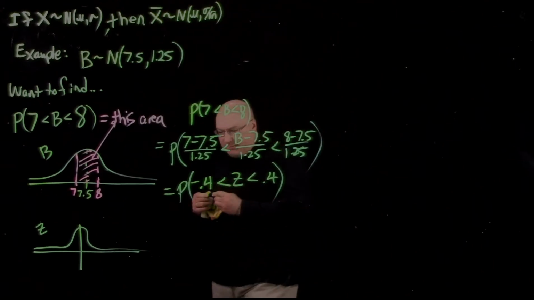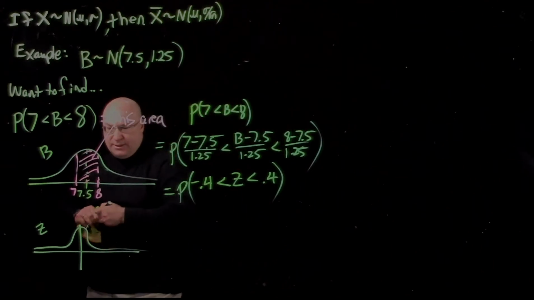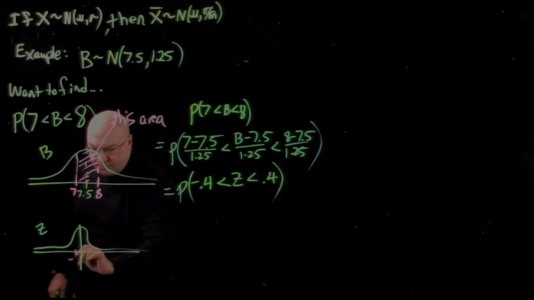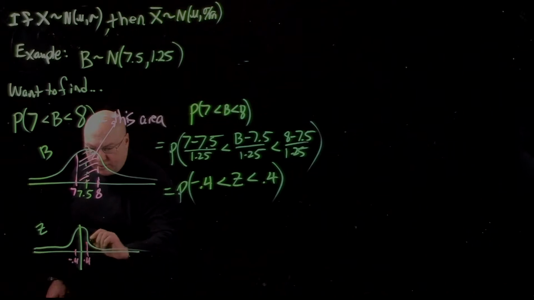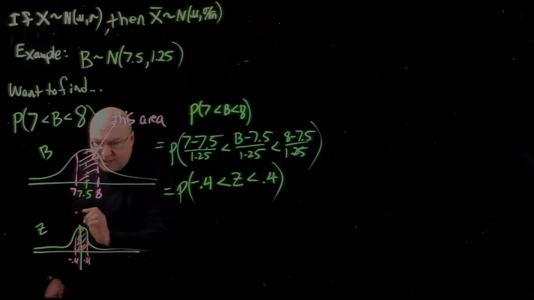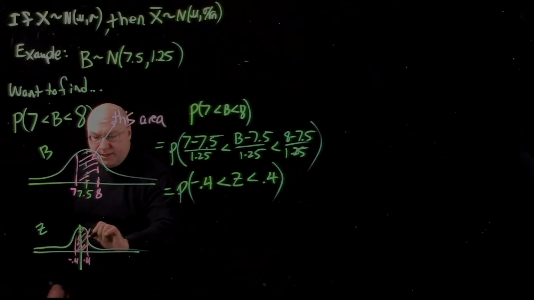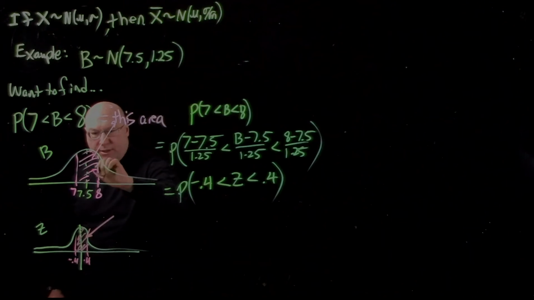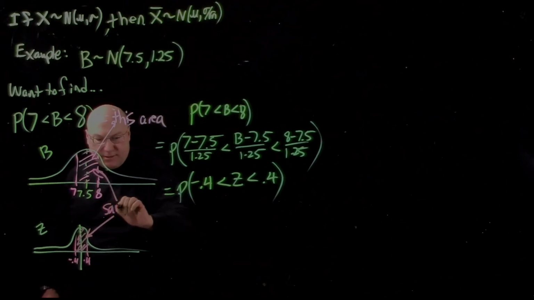So that corresponds to negative 0.4 and positive 0.4. It corresponds to this area. It's the same area. Doesn't look like it, but I didn't draw things to the same scale.